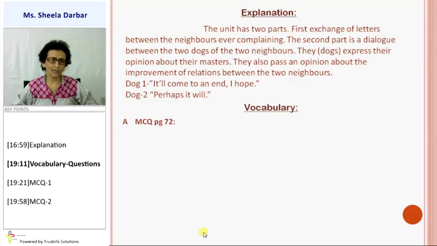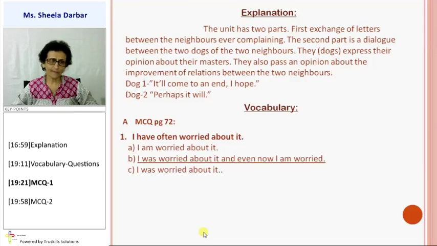Let us see the vocabulary. In this we are coming with the MCQ from page 72. First one, I have often worried about you. It means, not the first one, I am worried about you.